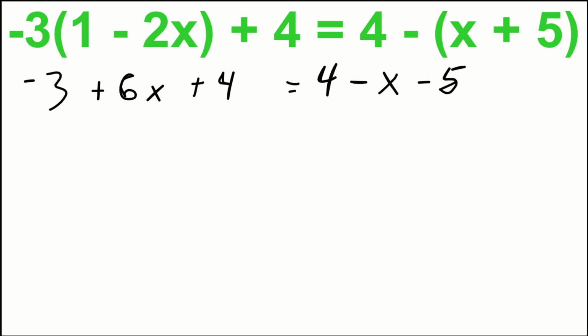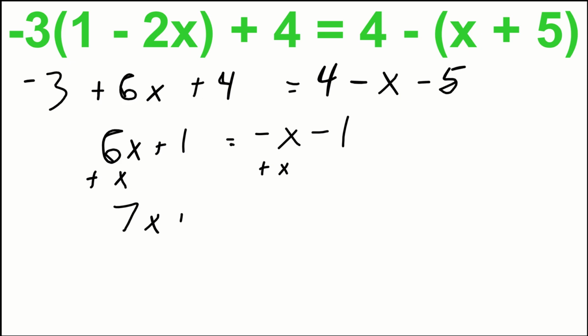I combine like terms. So I got 6x plus 1, and that's a negative x minus 1. We move the variables to the same side. Remember, that's a 1x, so we got 7x plus 1 equals negative.